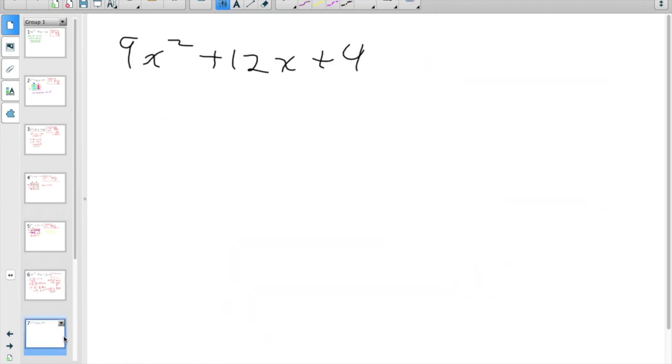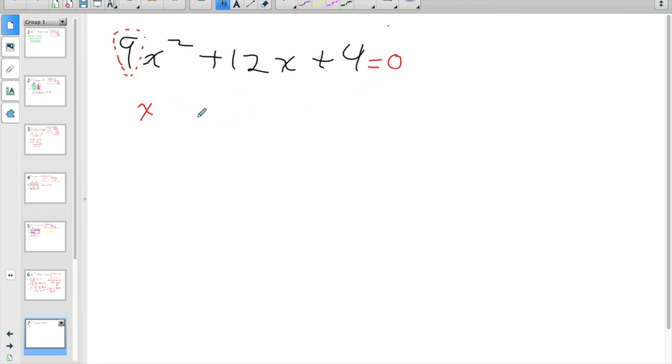Okay, let's look at another one here: 9x squared plus 12x plus 4. Now remember, we cannot have a number here, so we are actually going to have to divide everything by 9, of course after we are equal to 0.